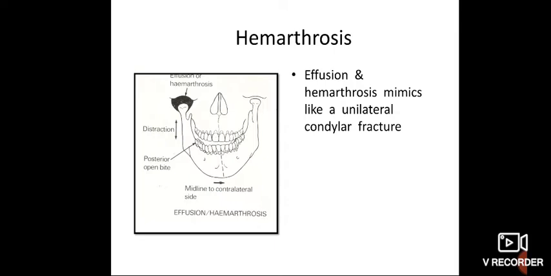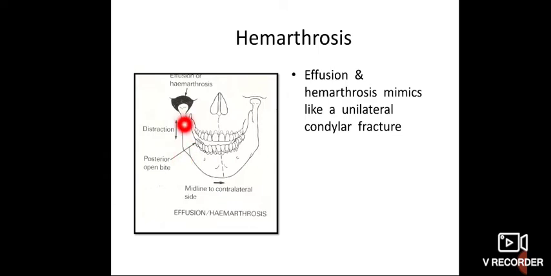There is another condition apart from fracture, something called hemarthrosis. There won't be a fracture. It usually mimics a unilateral condyle fracture, but the entire joint is filled with blood. That is why it is hemarthrosis. Here you will not see contracture. It is distraction.